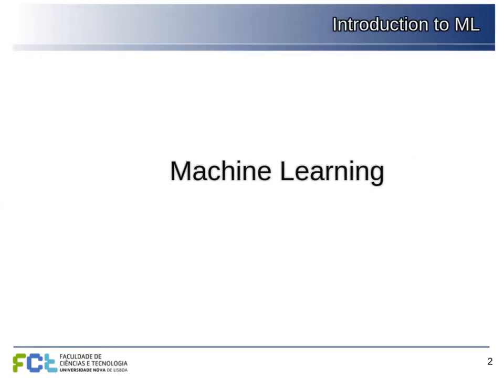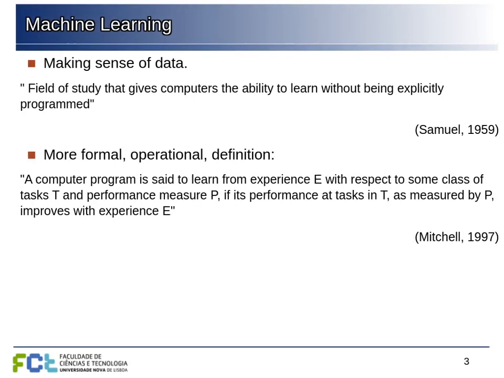So the idea of machine learning is not extremely recent. About 60 years ago, we already had this notion of trying to give computers the ability to learn to solve problems without us having to specify how the problems are solved, so without having to be explicitly programmed.